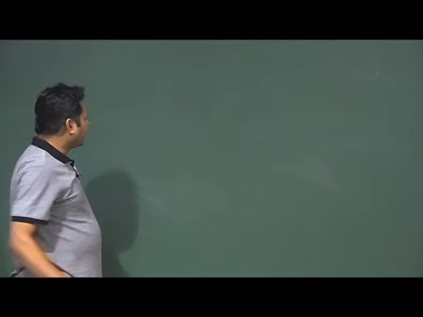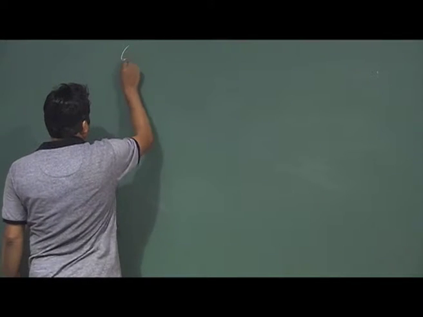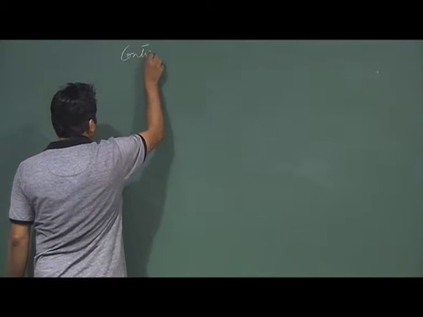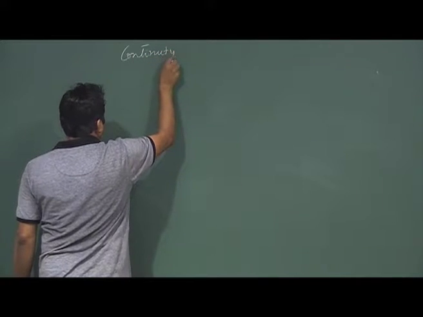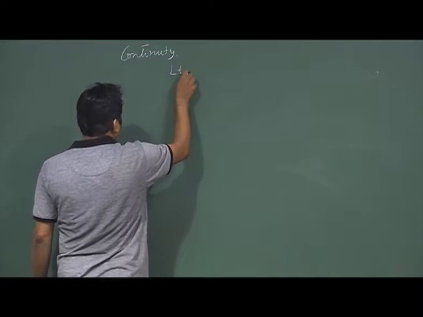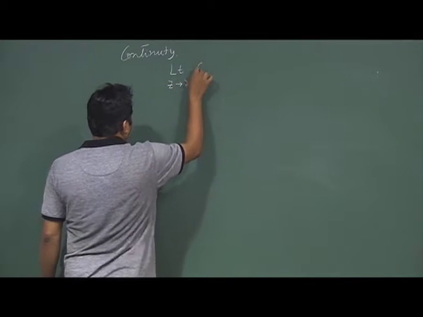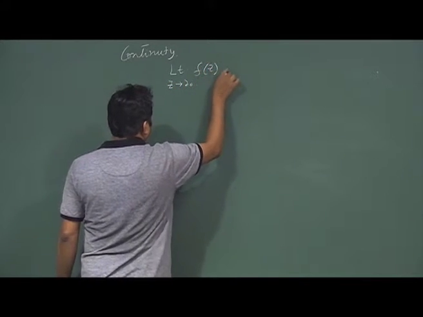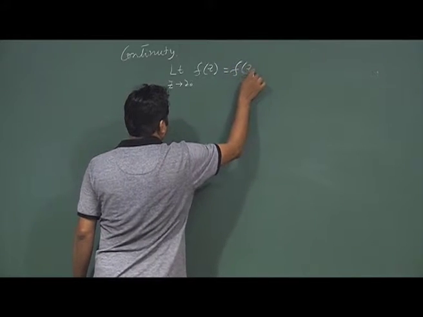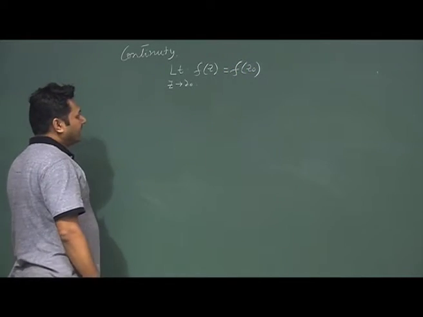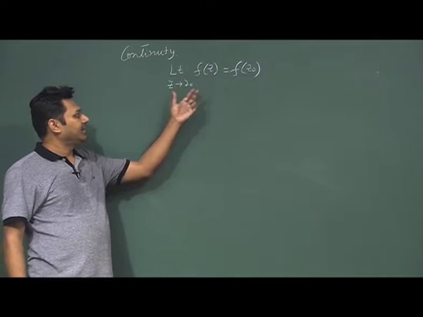Also, at the same point I should mention the meaning of continuity. Where z tends to z0, if the limit value equals f(z0), then we can say this function f(z) is continuous.